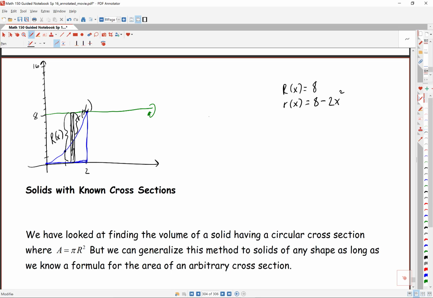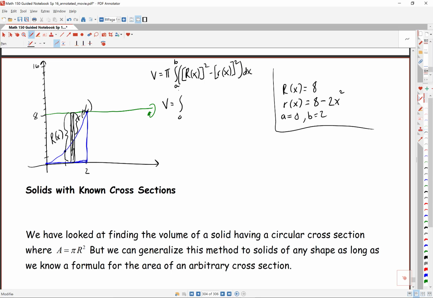So now our volume, and what are our limits of integration? A will be good, 0, and B will be 2 because we are going in terms of x. So our volume will be pi integral a to b of capital R of x squared minus little r of x squared dx.